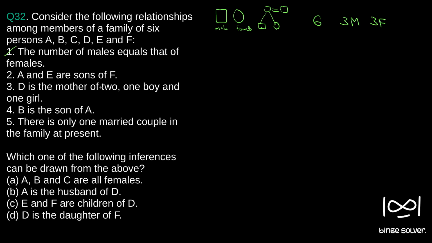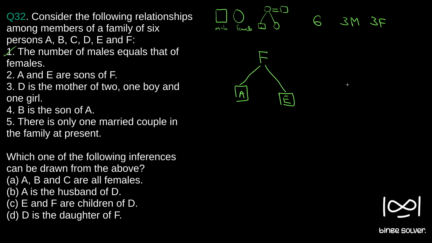A and E are sons of F. So there is an F, and we have A, and there is E. Already there are 2 male people here, and there is only 1 male left in the group. And D is the mother of 2, 1 boy and 1 girl.